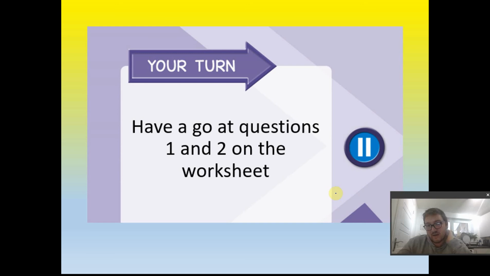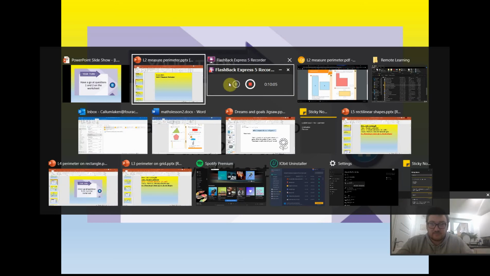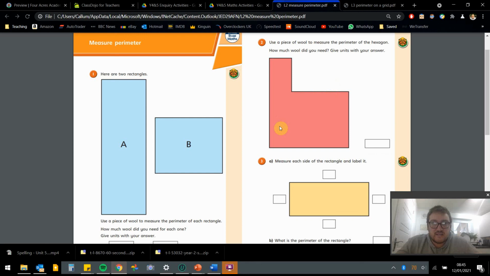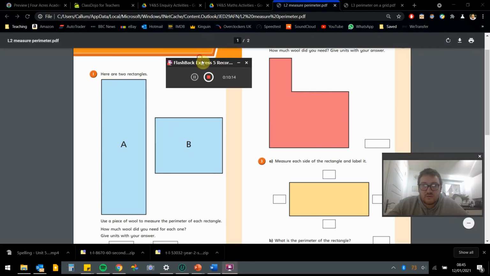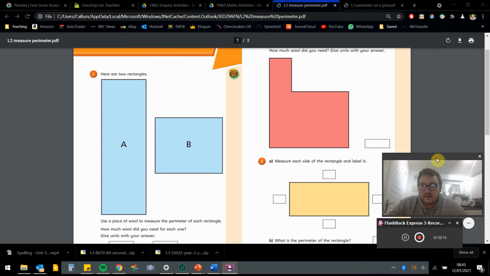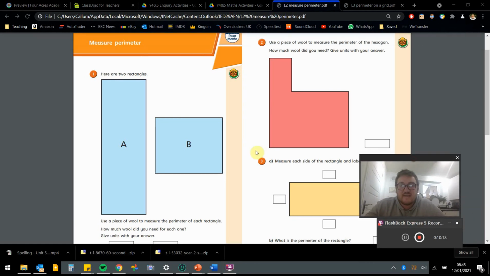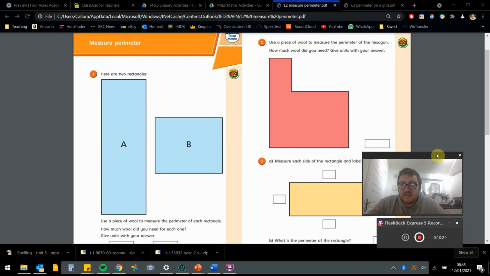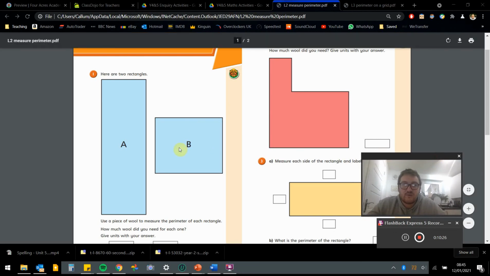Okay, so we're going to have a go at questions 1 and 2 on your worksheet now. So your worksheet should look a little bit like this today. Now it's going to be a little tricky today to mark the work here because you're all going to have different size screens, different size laptops or tablets, and if you don't print the sheet off, all the answers are going to be slightly different.